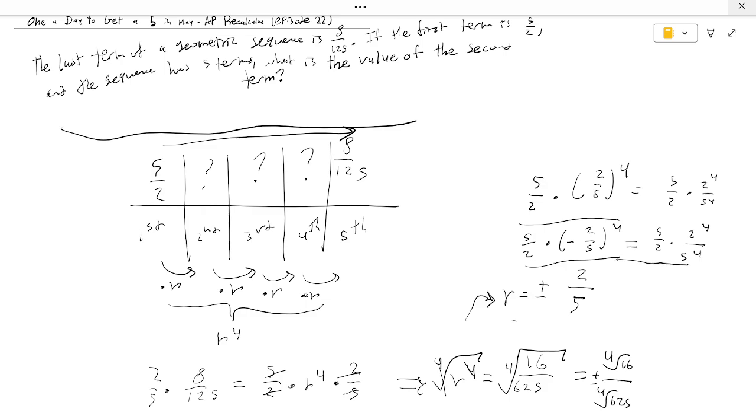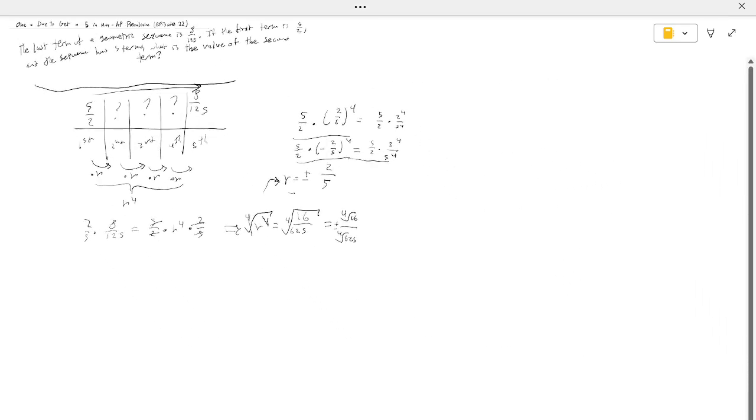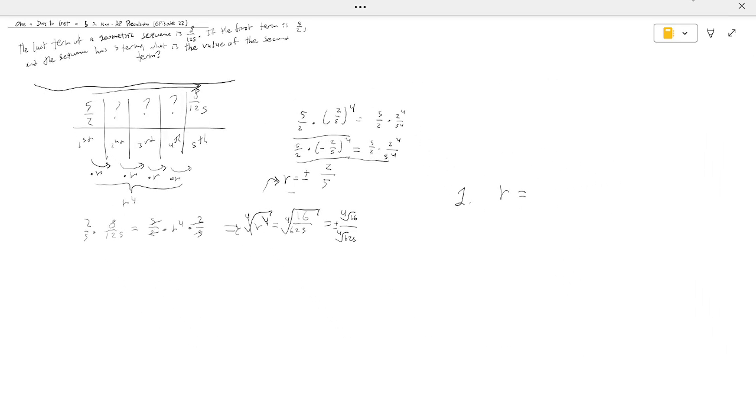So we have 2 possible scenarios. Either scenario 1, r is 2/5, or scenario 2, r is negative 2/5. That's what we can discern from our situation. In scenario 1, the second term is going to be 5/2 times 2/5, or just 1.